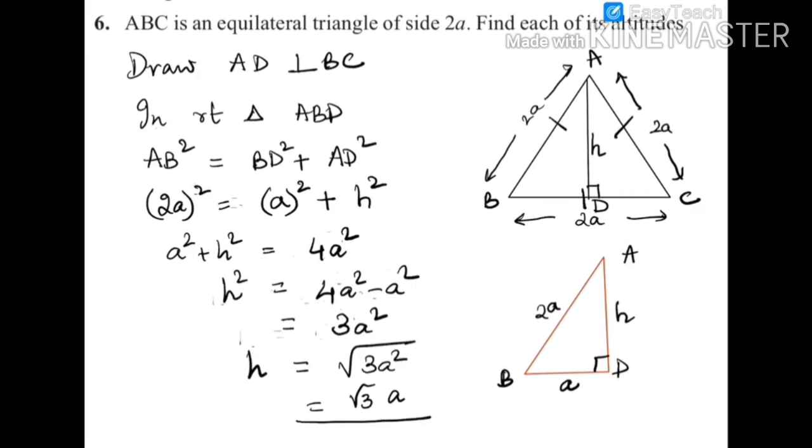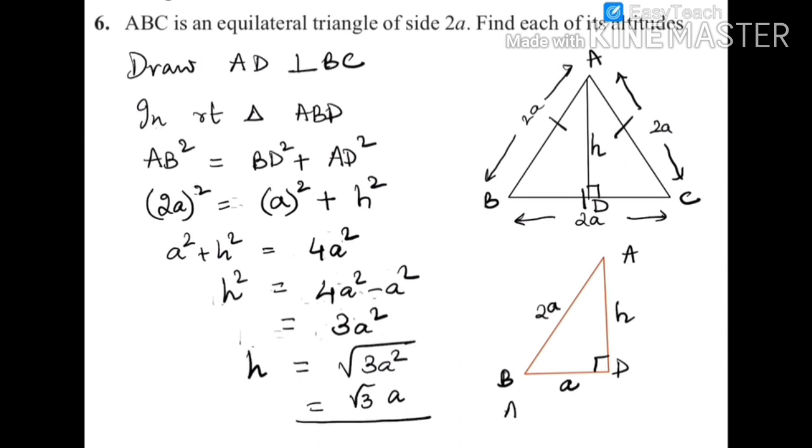Now since we are studying Pythagoras theorem, I have applied Pythagoras theorem to find the altitude. But if in case it is not mentioned in the question that you have to make use of Pythagoras theorem, you can use any other method. Like, we know that area of equilateral triangle is root 3 upon 4 side square. And the formula for area of triangle is half base into height.